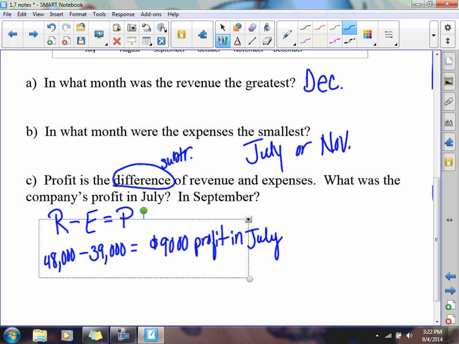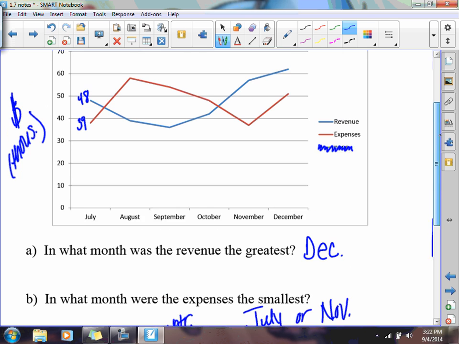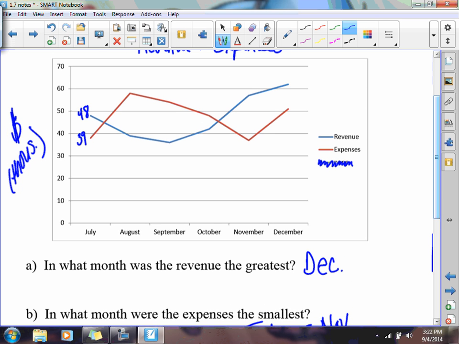It's a two-part question. It says, what was the company's profit in September? So we're going to do the same thing. We're going to go up to the graph, and we're going to see if we can figure out, here's September. So it looks like there is a point for the company's revenue. That might be about 39 again, maybe 38.